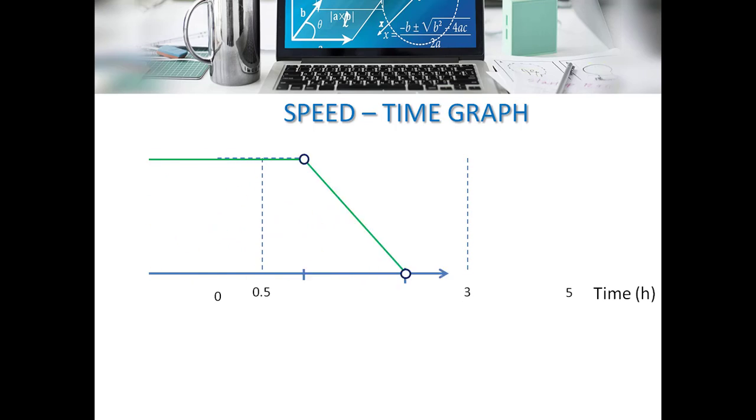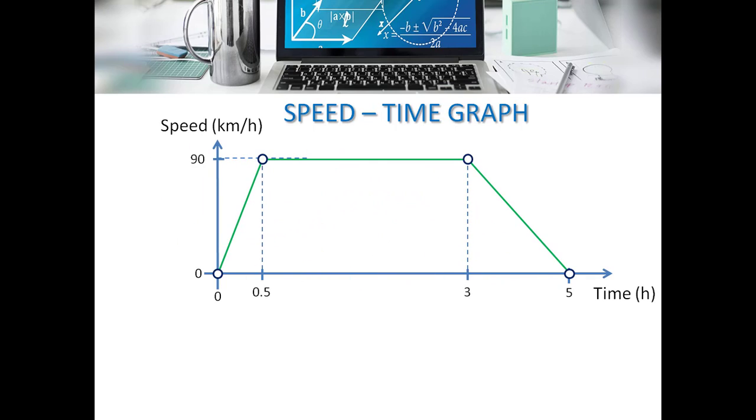Okay. Next, with the same speed time graph, you can actually get another property from here, which is the total distance. So how do we find the total distance of this journey?